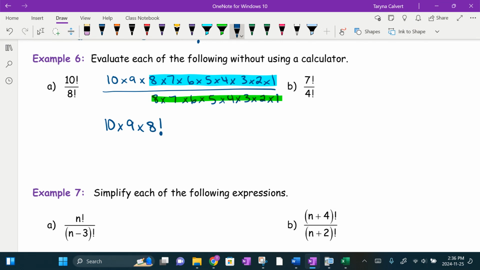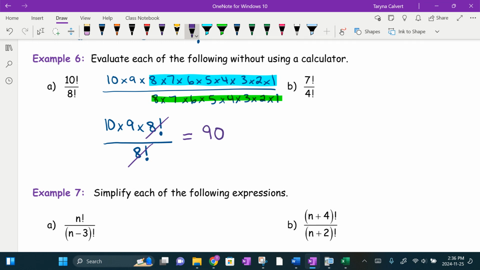The factorial will disappear with numbers if you go all the way down to 1. Yes, so just stop where the bottom is. It just saves you some writing, because you can stop a factorial at any part. In the top part, the factorial can disappear because I finished it. Here, 8 factorial divided by 8 factorial is gone. So this still equals 90.